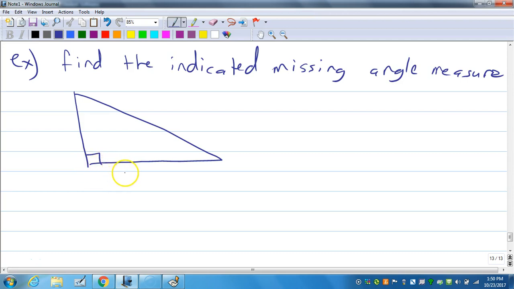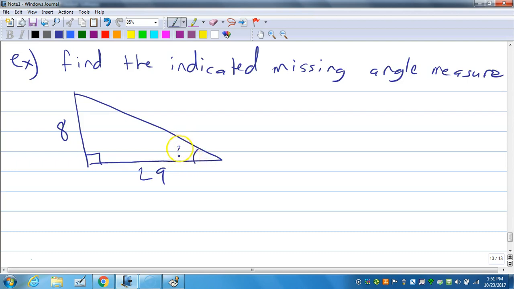And I say that this is 8 and this is 29. I want you to find this angle right here. How much is this angle? Question mark. That's what I want you to find. How much is that angle?